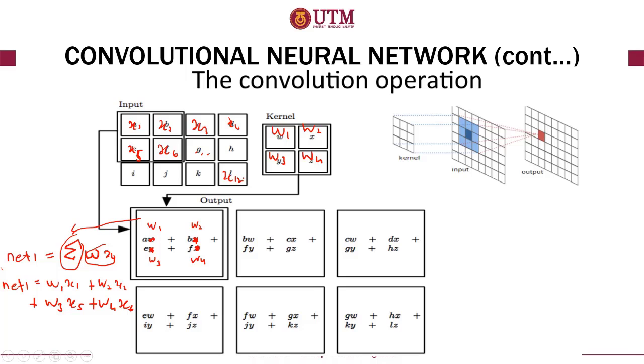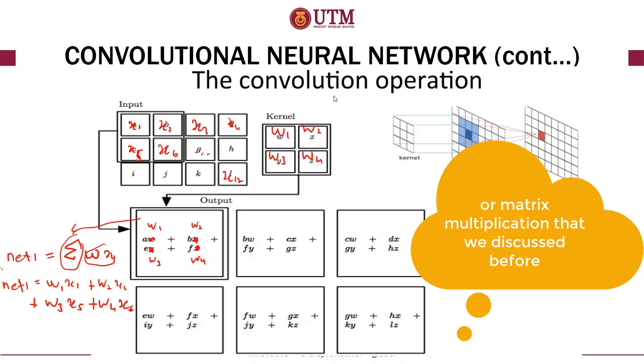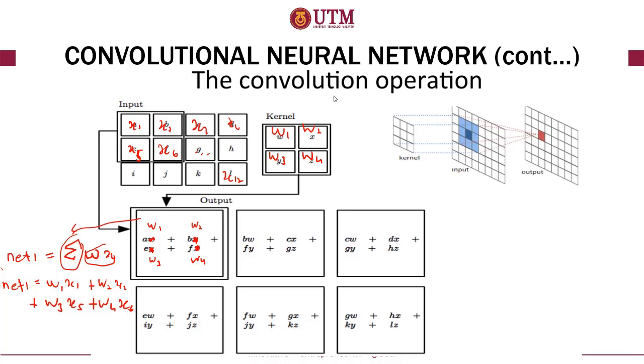So again, if you are processing every input over here with the w that you have, then that is called a fully connected or matrix operation, as we have discussed before. So what is the difference between matrix multiplication and convolution? This is the difference. You can see that this is convolutional.